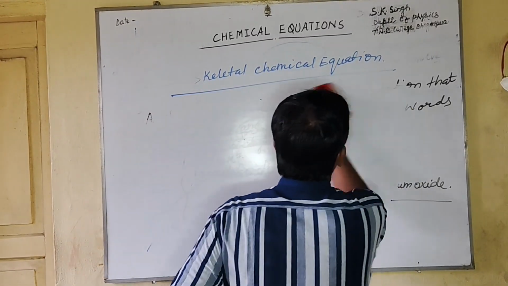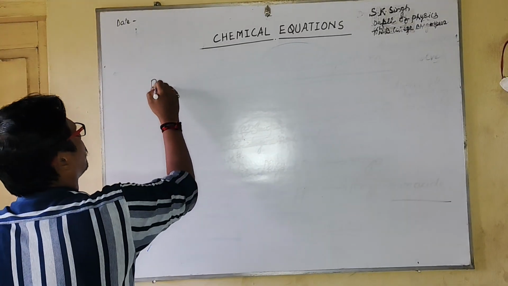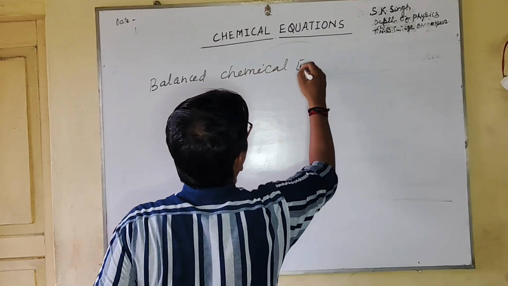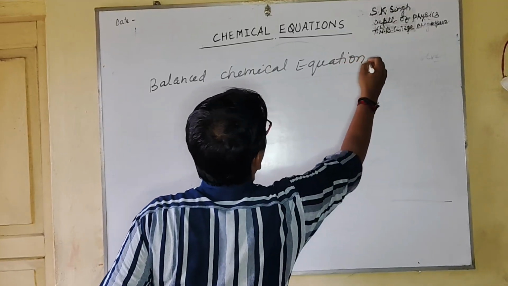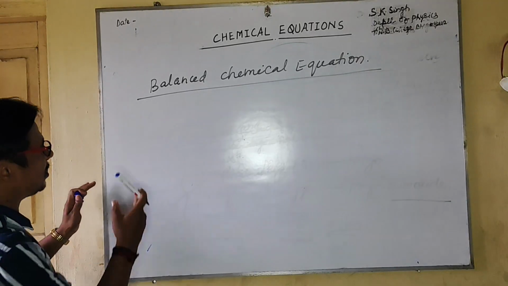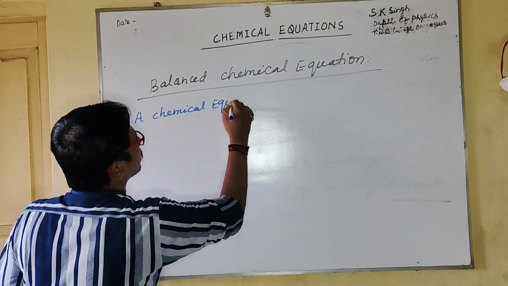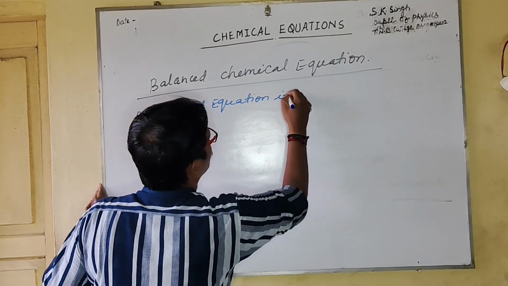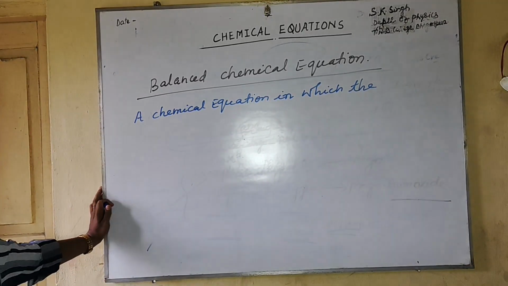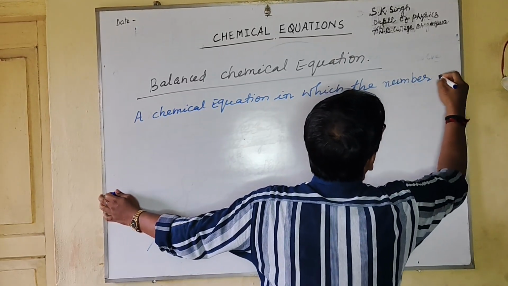So the next part is the balanced chemical equation. A balanced chemical equation is a chemical equation in which the number of atoms.